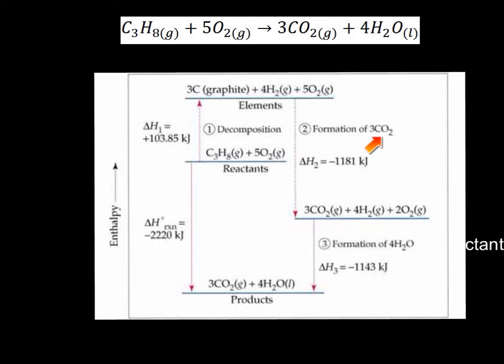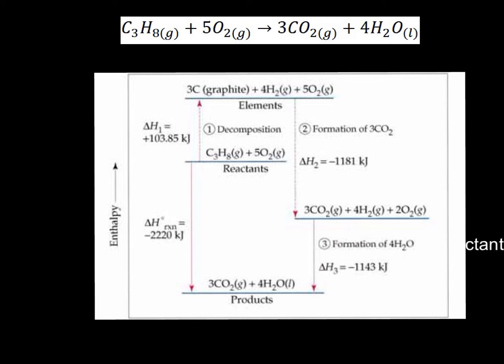In the second step, for the formation of the carbon dioxide, the carbon and the oxygen bond together. And in that instance, since new bonds are being formed, energy is given off. And then in the third step, we have the formation of the water molecules. Again, a formation reaction where energy is being given off.